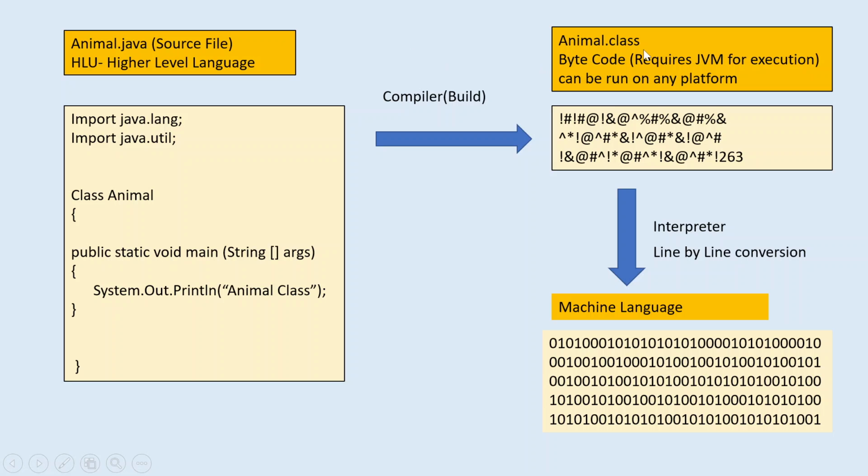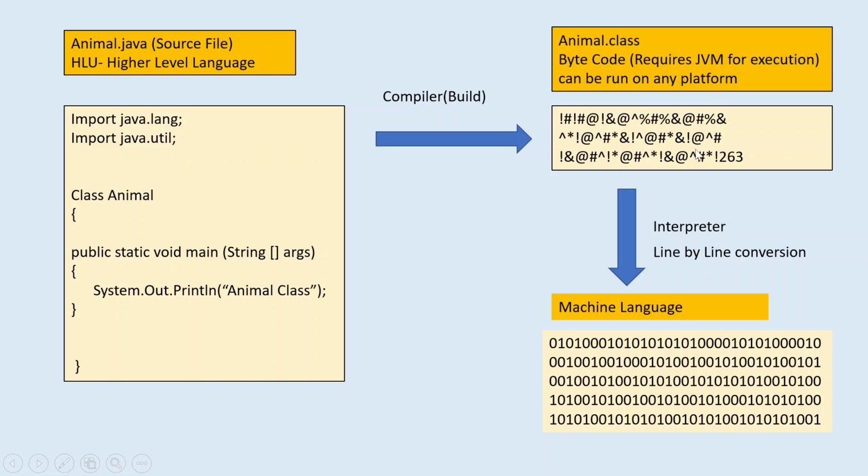We have created the animal.class file, which is not readable by human beings, but it is easy for the system to understand. But it is not even understandable by the operating system yet, because the operating system understands only machine language, that is ones and zeros. So this is what we can call an intermediate language, and that is bytecode.